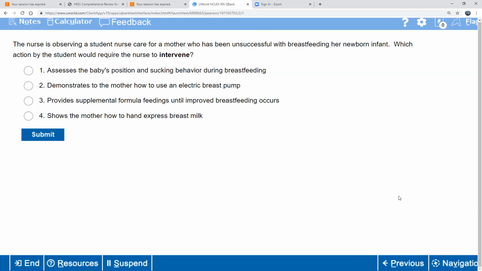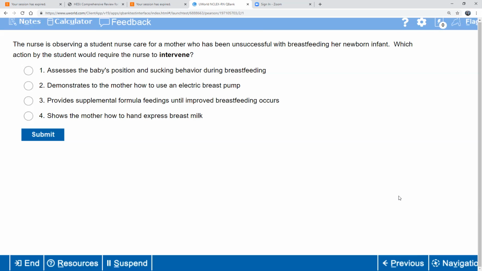Because for 3, why would she want to provide supplemental formula? Okay, thank you. If mom is breastfeeding, you're not going to recommend supplemental formula. Yeah, it goes against her grain. Okay, so that's why it's wrong.